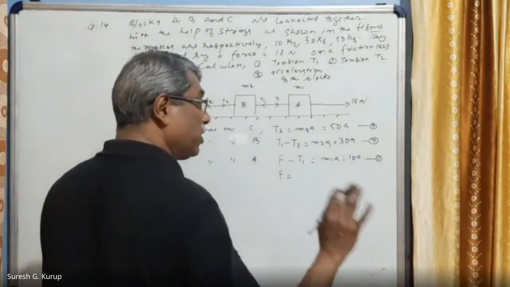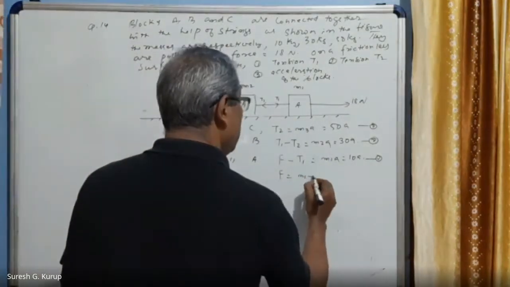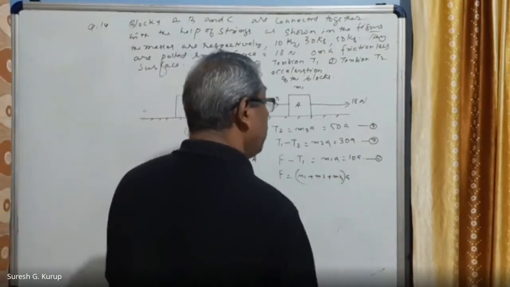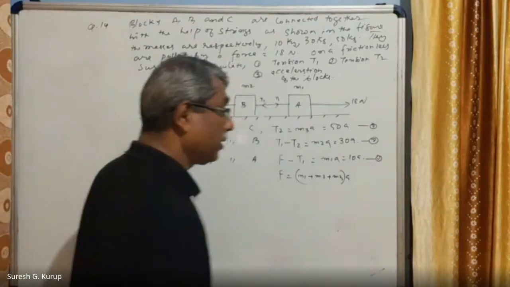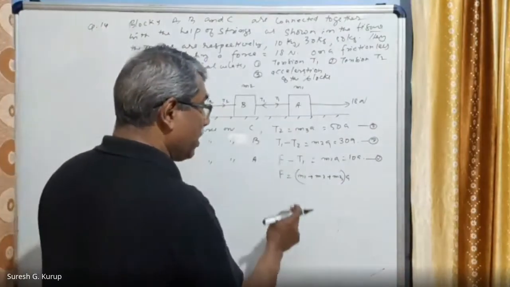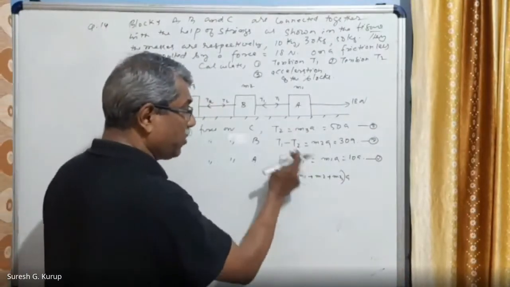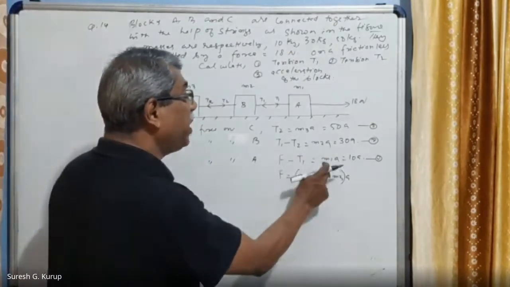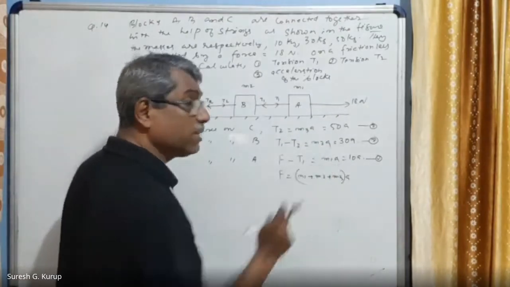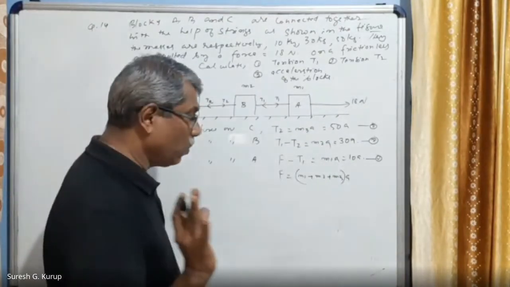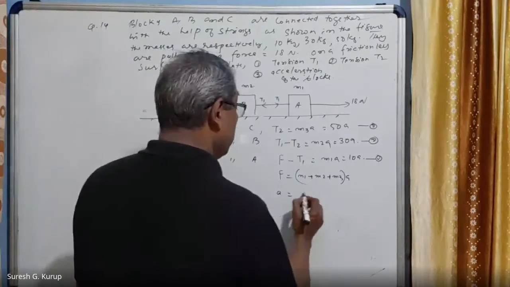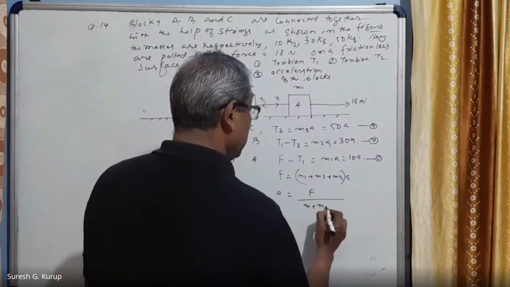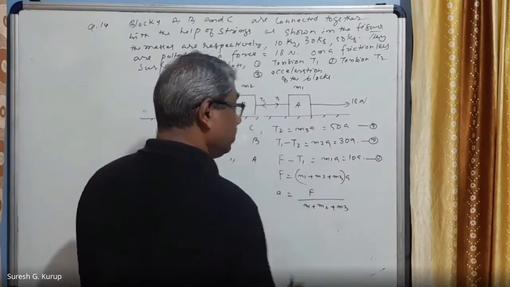That means M1 plus M2 plus M3, the whole into A. When added, T2 cancels, T1 cancels, only F will remain. A is taken as the common factor. Therefore, A is equal to F divided by M1 plus M2 plus M3.